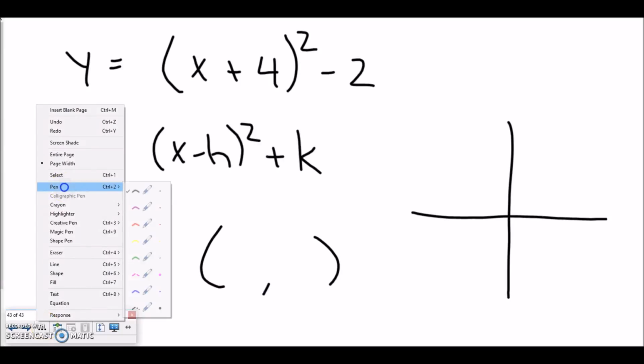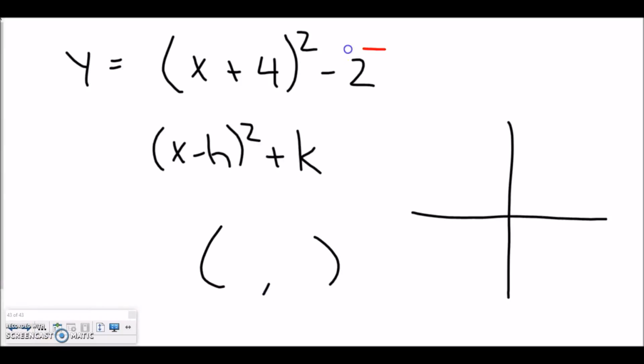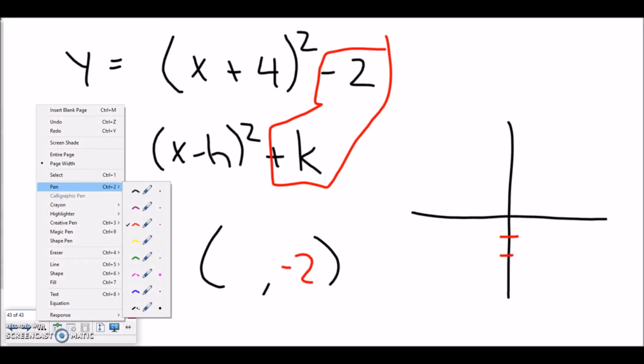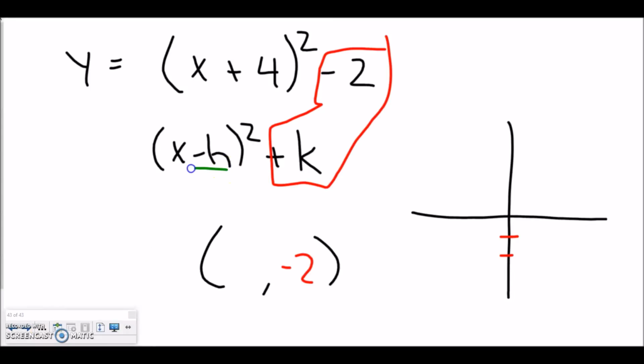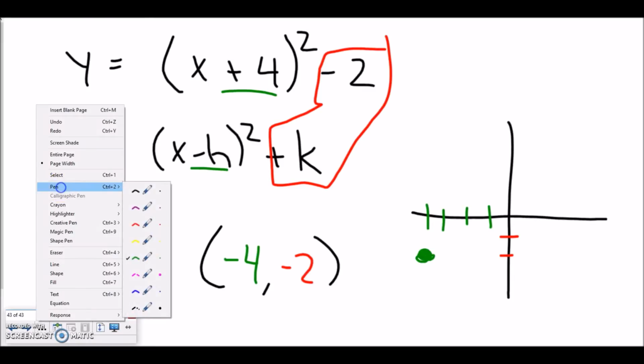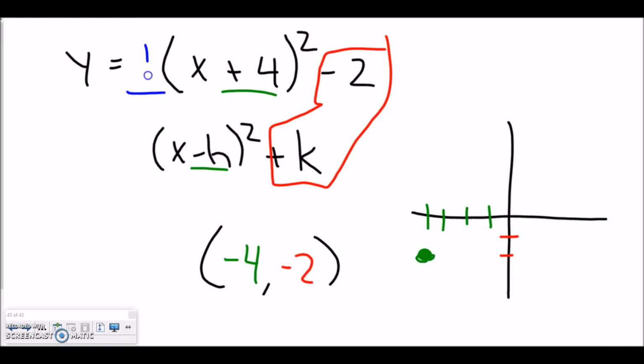It might be easy to see that k is negative 2, so we know we'd have to go 2 down. But what about the x-coordinate? If negative h is a positive 4, that means h is actually negative 4. So we would go 4 left, and my vertex would be down there. And again, since our a is just 1, this would open up.